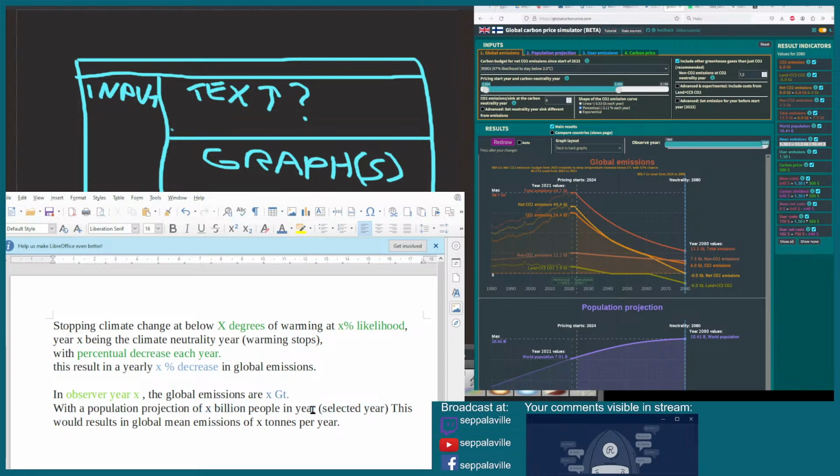Let's put observed year here. Here again, we have a green.